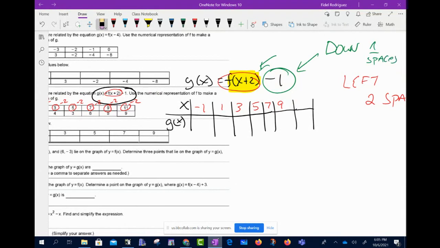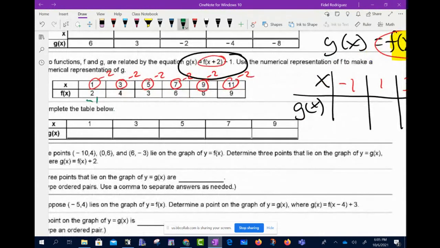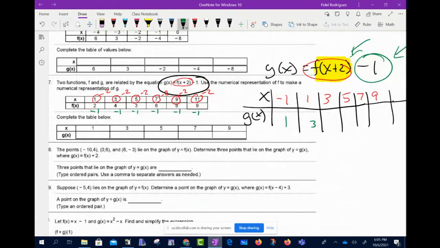Not spaces, but space. So I'm going to come back to my y values and subtract 1 from each of those. 2 minus 1 is 1, 4 minus 1 is 3, 3 minus 1 is 2, 6 minus 1 is 5, 8 minus 1 is 7, and 9 minus 1 is 8.